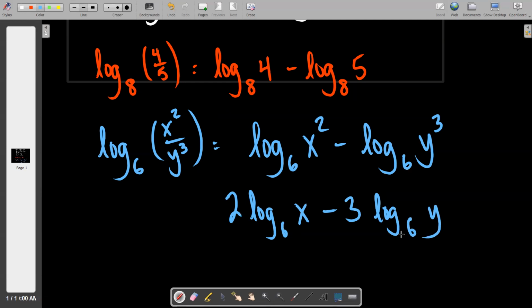That knowledge right there will get you through a lot of problems. Okay. Another common thing you're going to see throughout the assignment is something like this: log base 5 of the square root of x. So what are you thinking, Bryn?